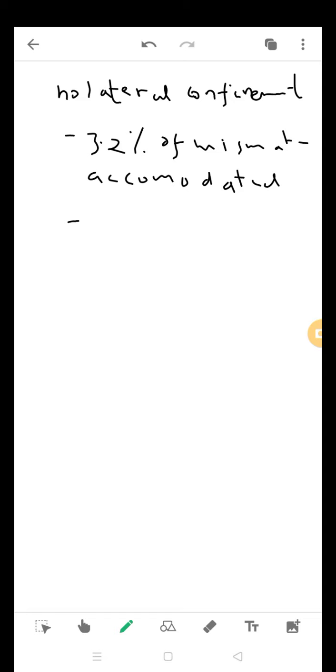And also no new defect generation takes place.